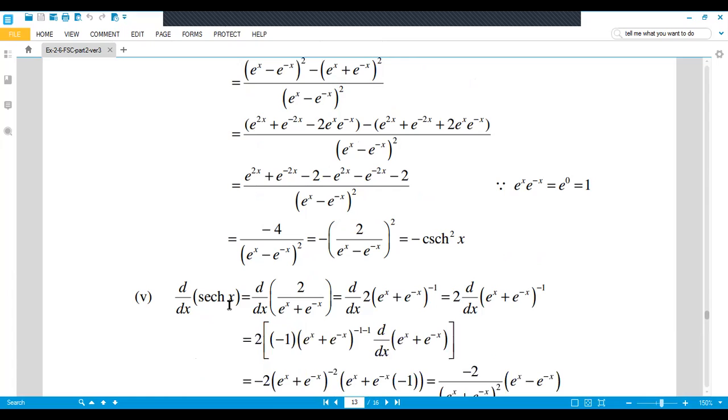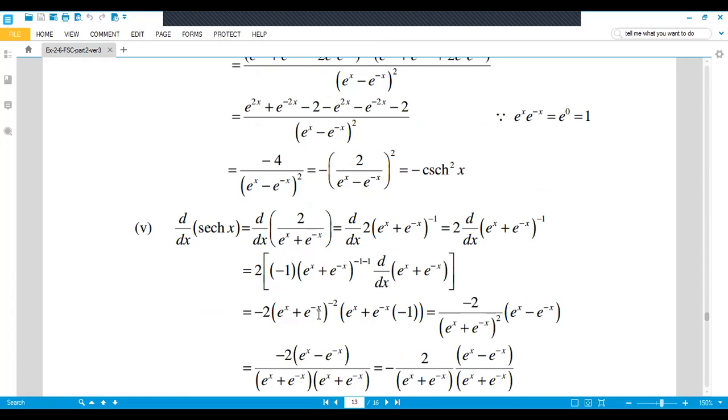And for secant hyperbolic x value, you write the secant hyperbolic x value, and here e power x plus e power minus x power is 1, so when you take it in the numerator it will be minus 1, so 2 is considered as a coefficient, so power will come in the coefficient, and from power you subtract 1, it will be minus 1 into minus 1, and further derivative of e power x plus e power minus x.